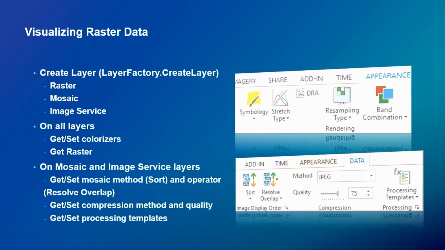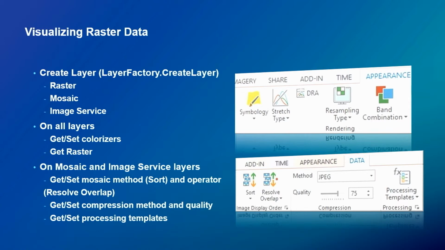So Pro has a layer factory, which allows you to create layers. And when you're dealing with raster data, there's three types of layers that you can create. A raster layer is basically used for pointing to imagery, whether it's on disk or in a geodatabase. A mosaic layer is generally used to represent a mosaic dataset.